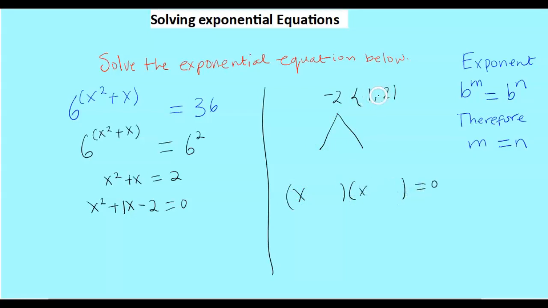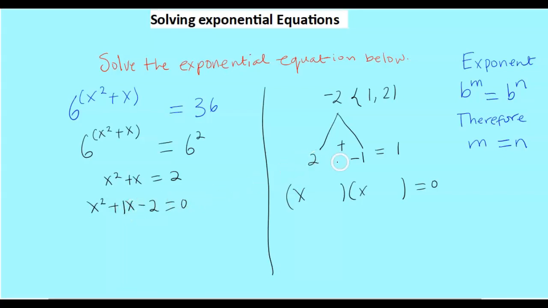By these two numbers, we have to be able to manipulate it so that it will give us the coefficient of the x, which is 1. So we write our 2 and 1 here, and we manipulate it so that we will get 1. So we can put negative 1 here. So negative 1 times 2 gives us negative 2, and negative 1 added to 2 gives us 1. And so it satisfies the constant and the coefficient of x.